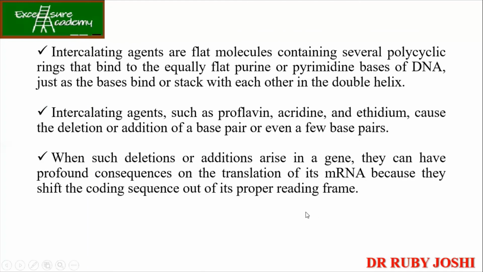Because of the missing of a few nucleotides, the codon gets changed because of the insertions and deletions, and instead of coding for a certain amino acid, it will code for a stop codon, because of which the open reading frame stops in between. So it is going to give you a truncated polypeptide. I hope you know how insertions and deletions give a truncated polypeptide.